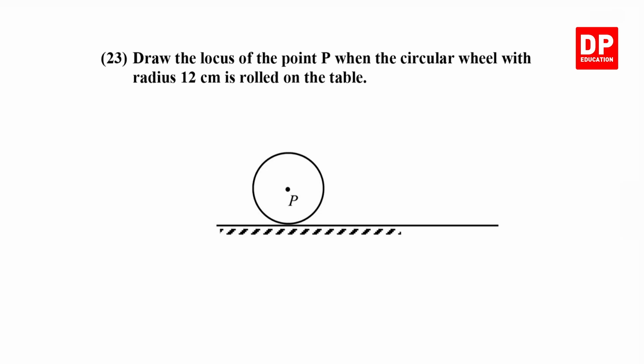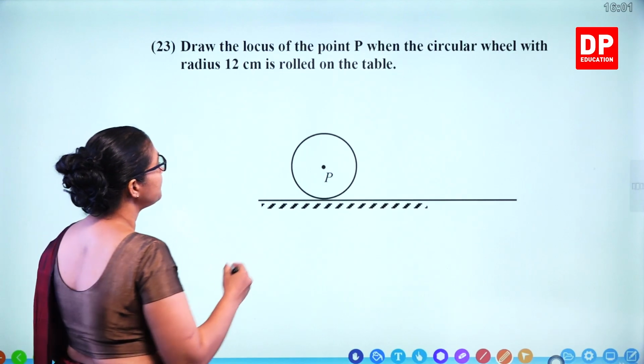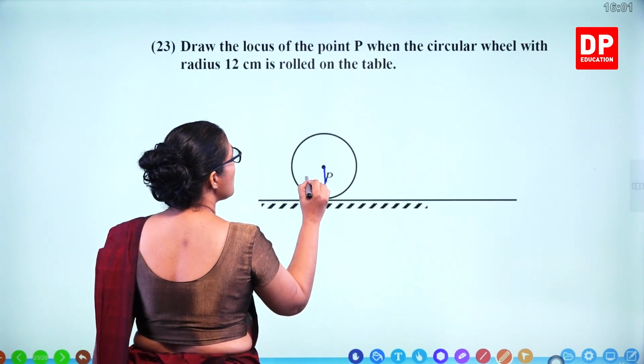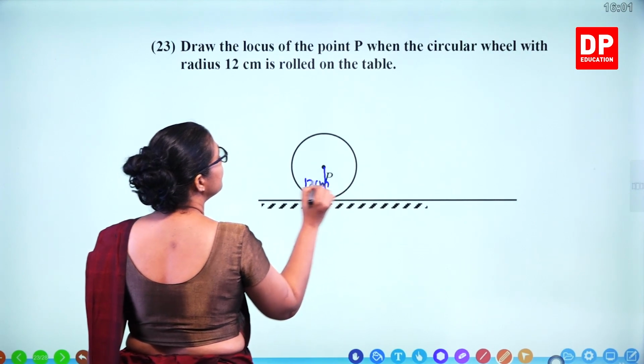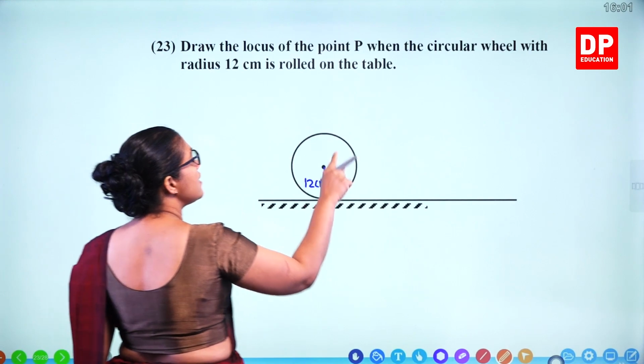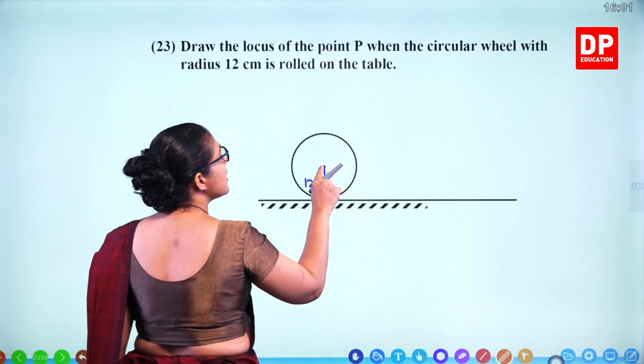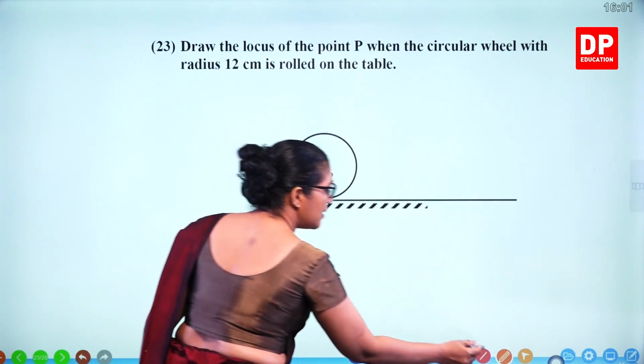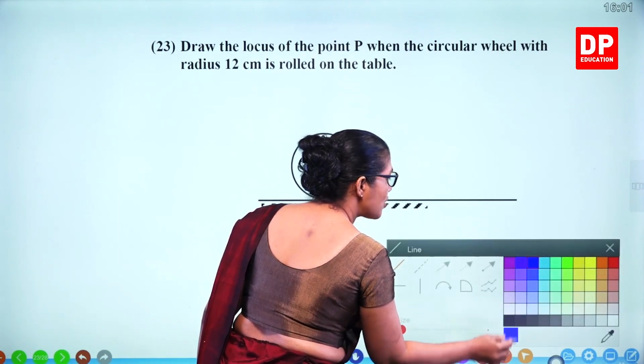Question number 23. Draw the locus of the point P when the circular wheel with radius 12 centimeters is rolled on the table. So it goes there, but the center is not changing.